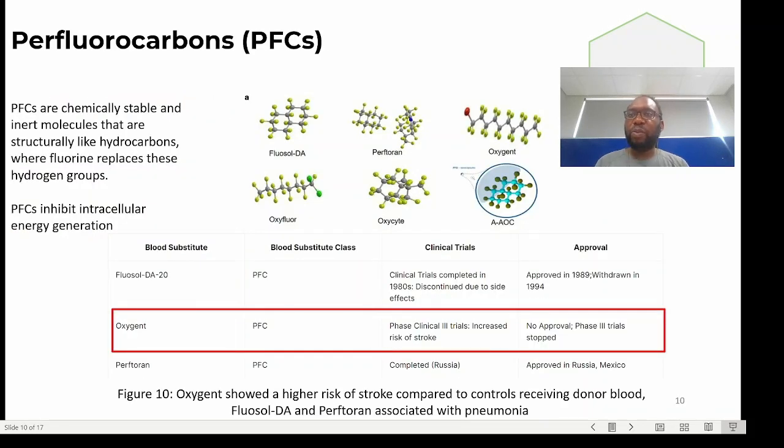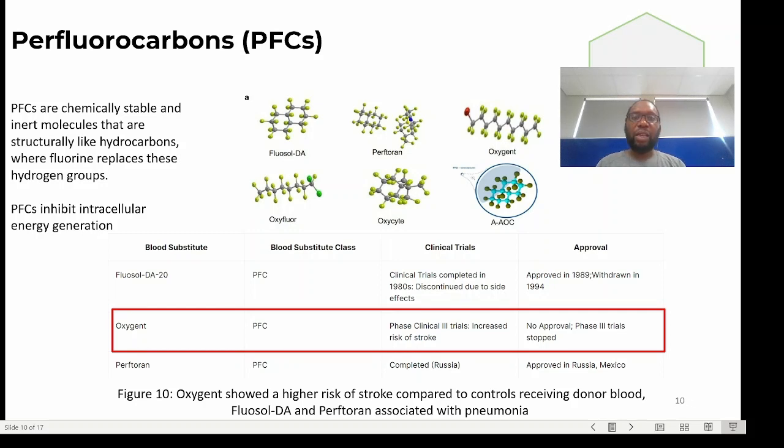In terms of perfluorocarbons, they are stable and inert molecules that are structurally like hydrocarbons, where fluorine replaces most of the hydrogen. The problem with PFCs is that they inhibit intracellular energy generation by interacting with the mitochondria.